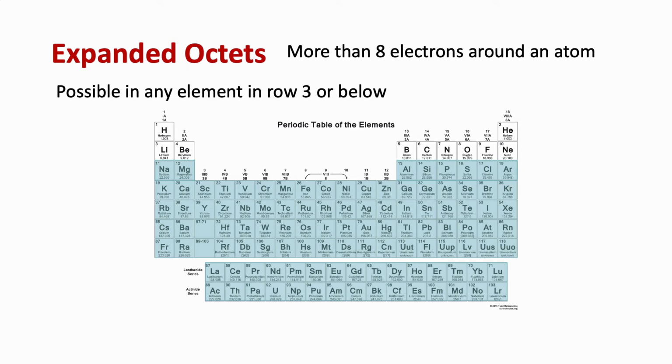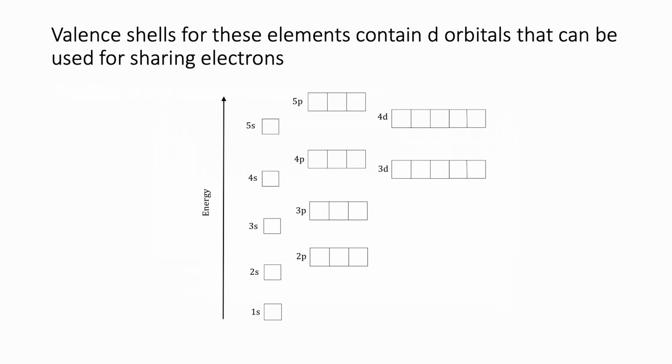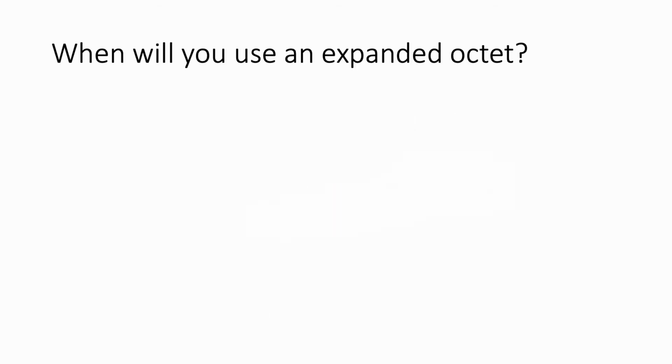And the octet rule assumes that you have full s and full p orbitals. But once you get into the 3rd valence shell, we don't just have s and p orbitals like we did in 2. We now have d orbitals as well. And so it is possible to stash 1 or more extra pairs of electrons in those d orbitals. That's why it's possible.